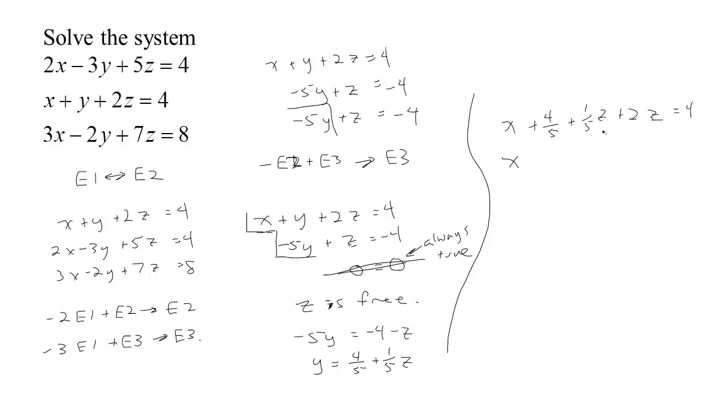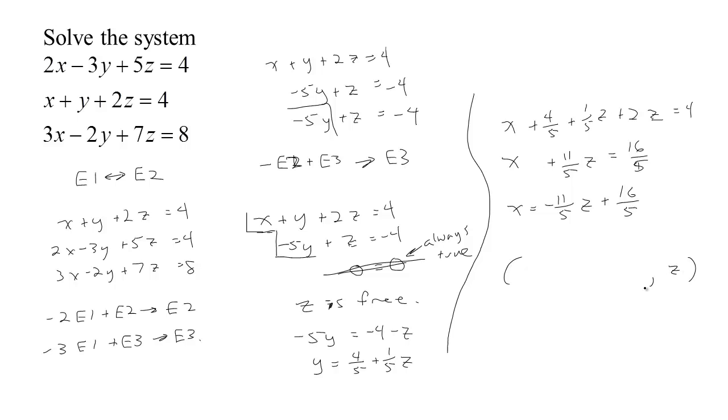So let's see, 2z is 10/5 and 1/5 makes 11/5 z, and then we'll move this 4/5 over. 4 is 20/5, take away 4/5 would be 16/5. Let's just move this z over. x is negative 11/5 z plus 16/5.